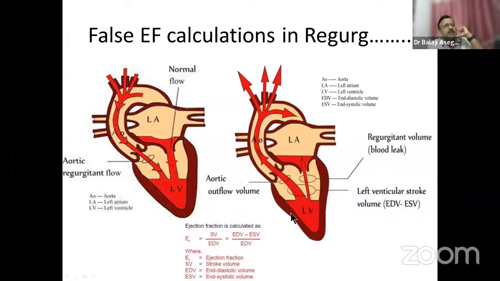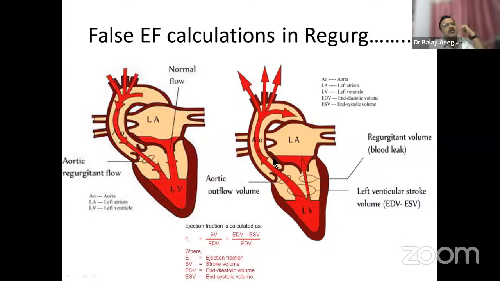During contraction, the heart now has two leaks, one into the aorta and the other into the LA. So at the end of systole, there will be less volume. And similarly, at the end of diastole, due to this valve, more volume is coming back to the LV. So end diastolic volume is increasing and end systolic volume is decreasing. So the numerator is increasing, which overestimates the ejection fraction in a regurgitant patient.